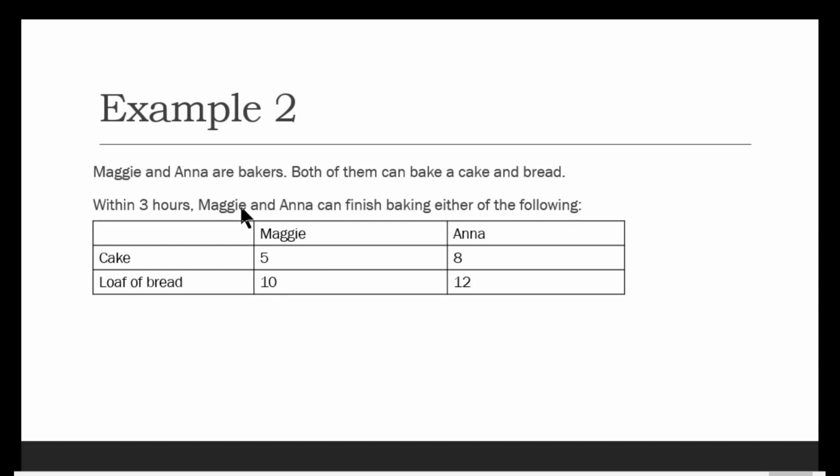Okay, again, in 3 hours, Maggie can either bake 5 cakes or 10 loaves of bread. Meanwhile, Anna can bake within 3 hours either 8 cakes or 12 loaves of bread.